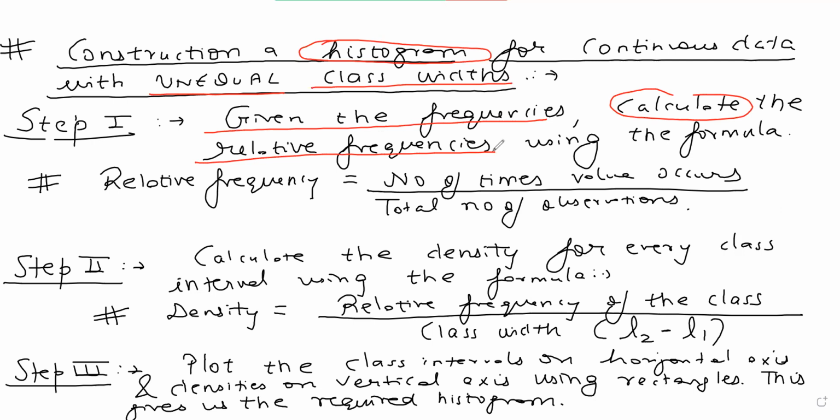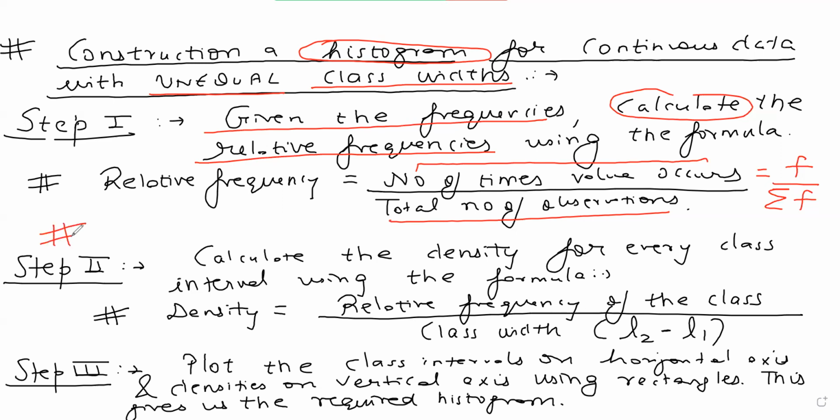How do I calculate relative frequency? It is the frequency of that class divided by the sum of all frequencies. f is the number of times the value occurs in that particular class interval, divided by the total number of observations, which is summation f, the sum of all the frequencies.